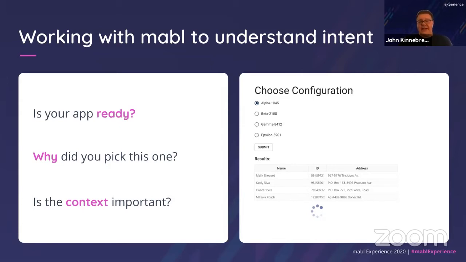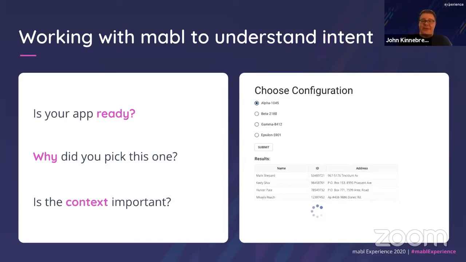Then again, there's things like the submit button. There's only one button on this page. It says submit. It's probably not likely to change a lot in the future. That's not the kind of thing that really Mabl needs any extra help to understand why you chose it.